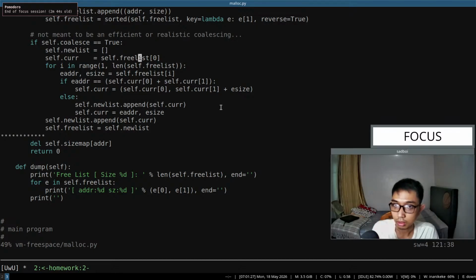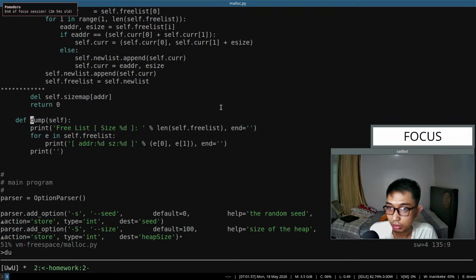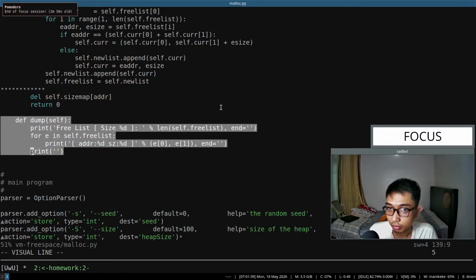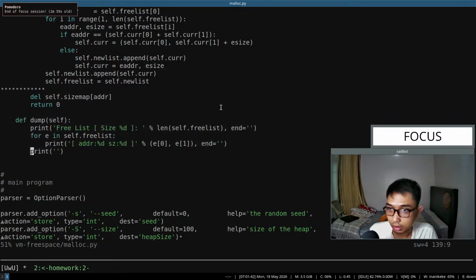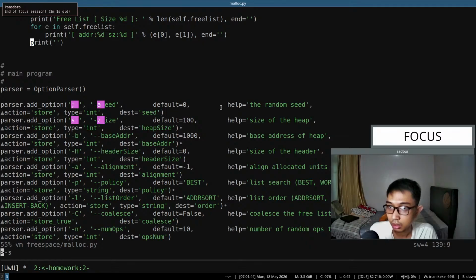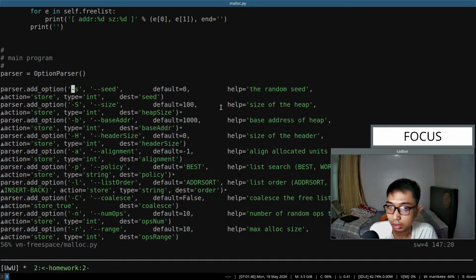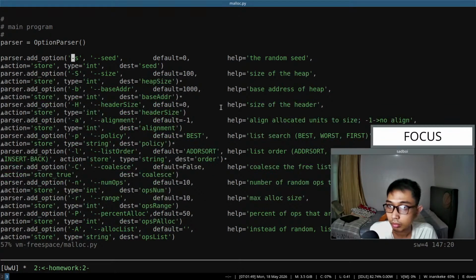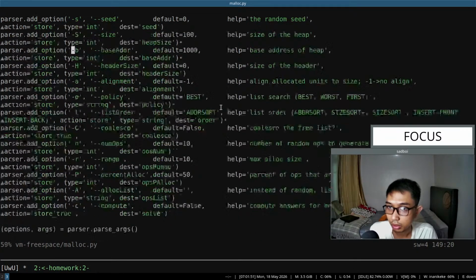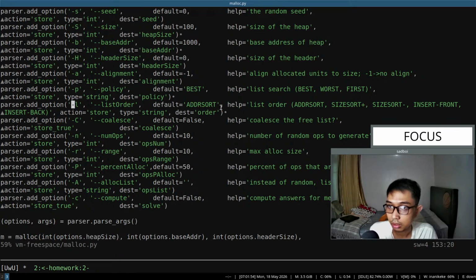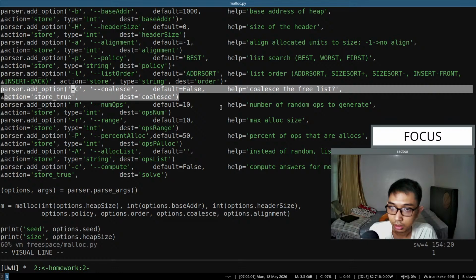Okay, but yeah, we are going through all the free list here, I assume. And then there is this. Okay, the option: seed, size, base address, header address. Okay, list order. Alright, call list.